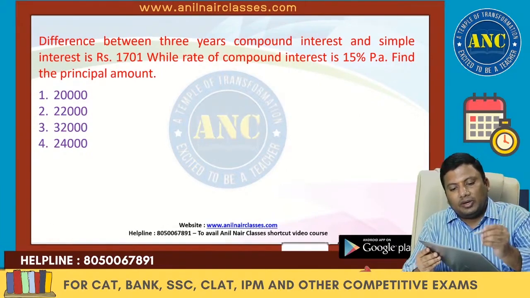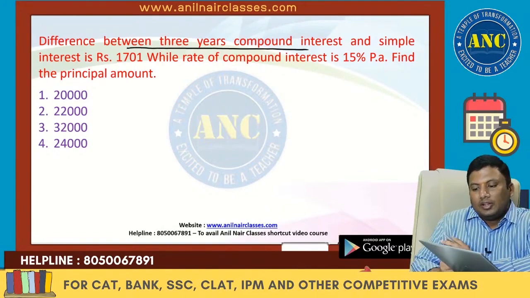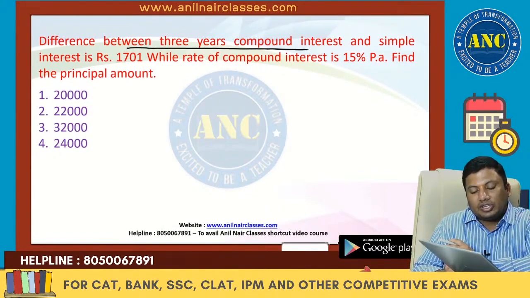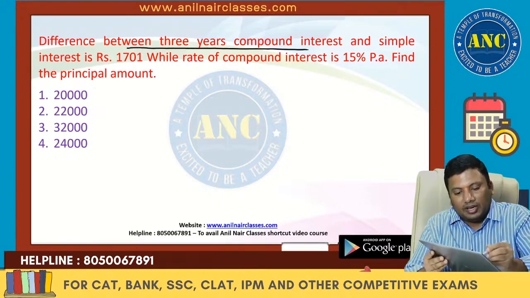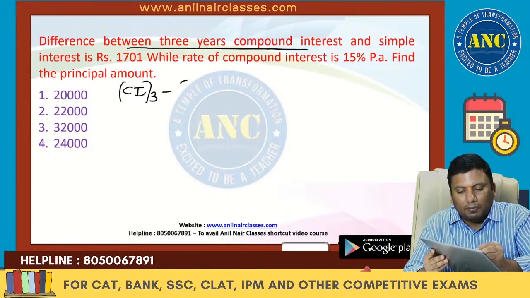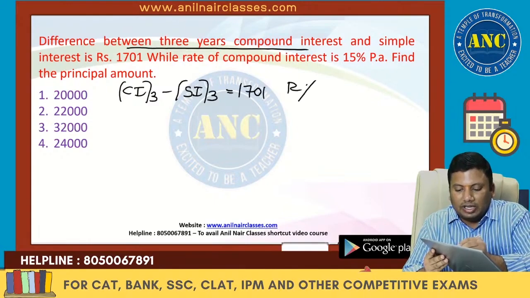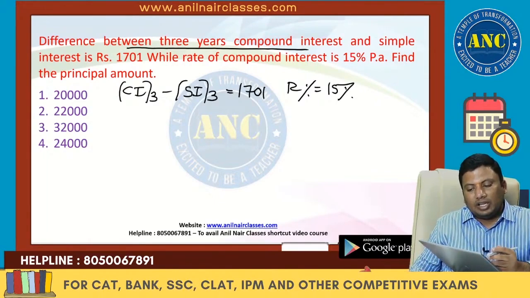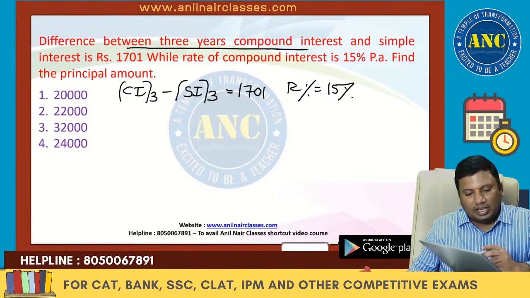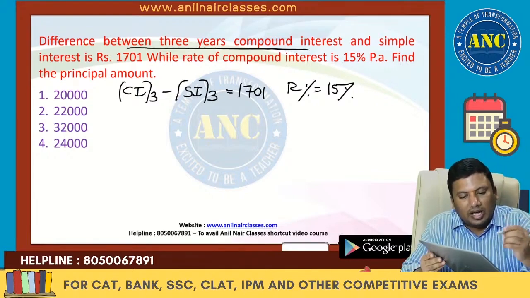The difference between 3 years compound interest and simple interest, CI for 3 minus SI for 3, is 1701. So you can go by the answer options.